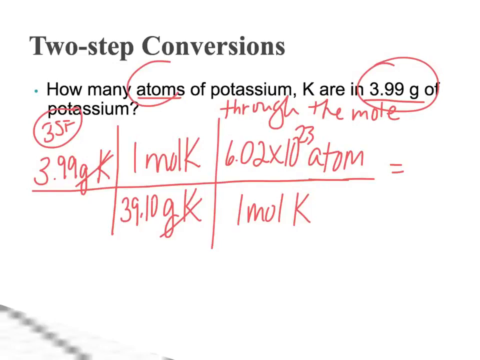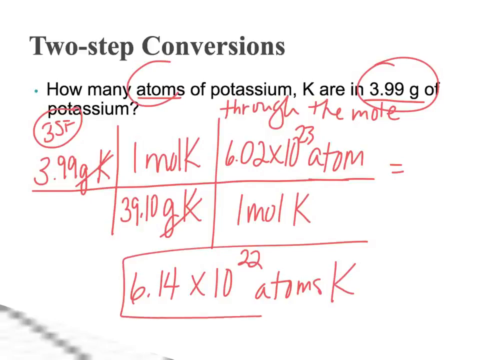Remember, we never let our conversion factors dictate our significant figures. It's always the measured number. And so after we put that in our calculator, I come up with, and hopefully you do too, 6.14 times 10 to the 22 atoms of potassium. How'd you do? Hopefully you got that right.